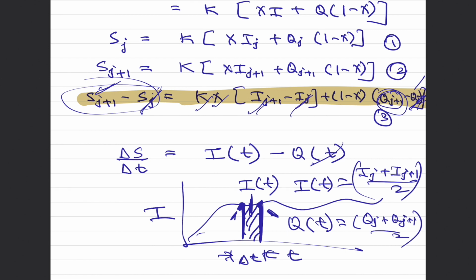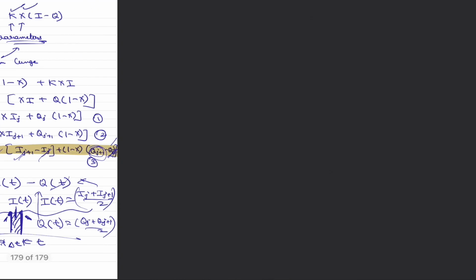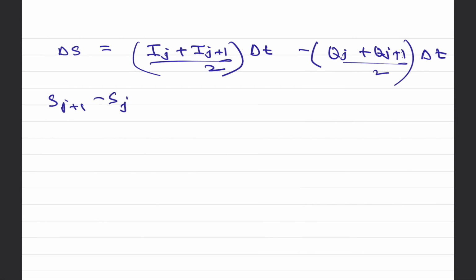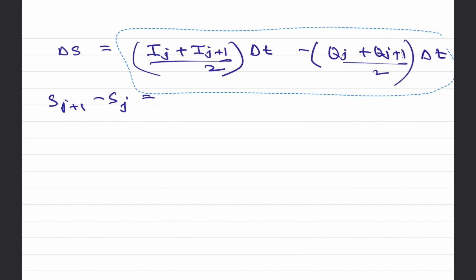Now what we will do here, we will plug the values of It and Qt into our delta S by delta T equation, and we would end up with delta S equal to Ij plus Ij plus 1 divided by 2 times delta T minus Qj plus Qj plus 1 divided by 2 into delta T. And this delta S is nothing but the change in storage, that is Sj plus 1 minus Sj, and this remains the same as what we wrote before.